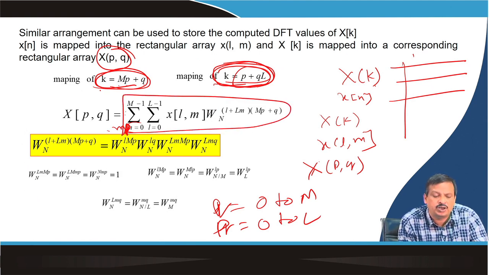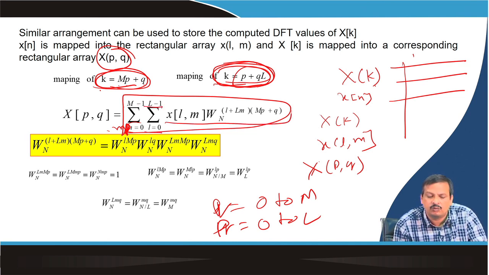Okay. So, m equal to 0 to M minus 1, l equal to 0 to capital L minus 1, this one.